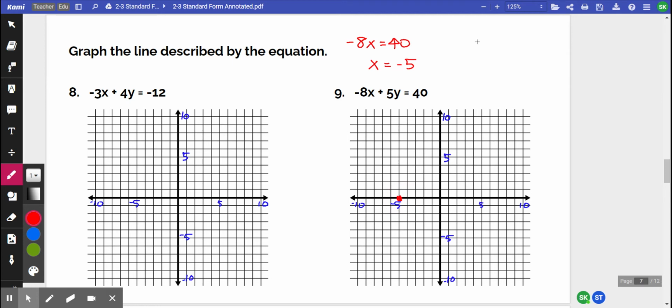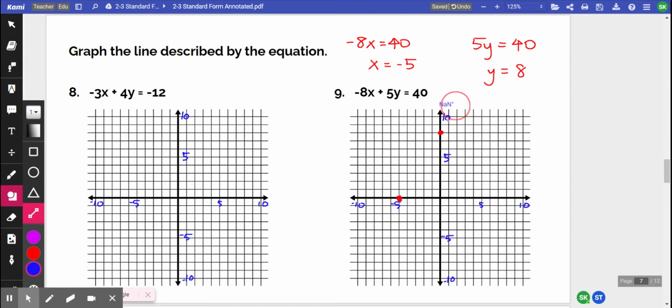And then I could plug in 0 for my x value in order to solve for the y-intercept, which in this case would be y equals 8. So up here. And then the last thing you would do is create a line that goes through these two dots. And that's how you would graph a line.